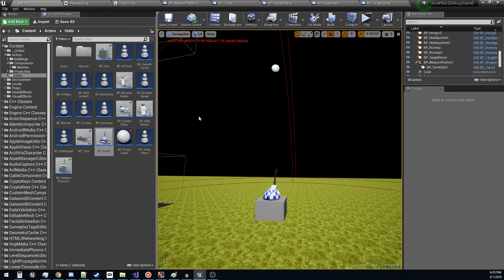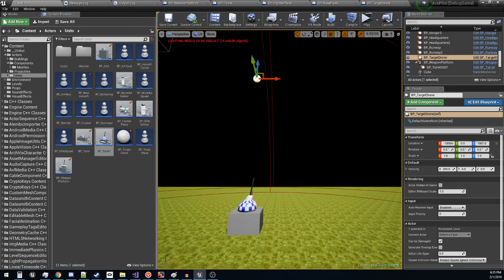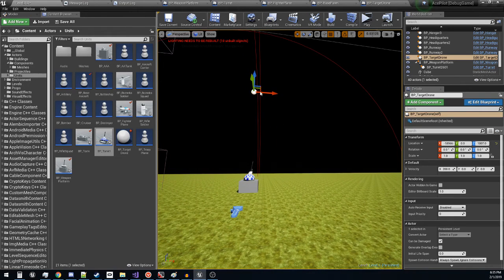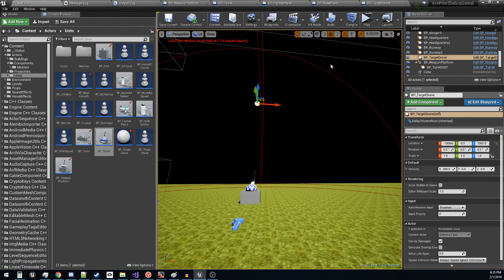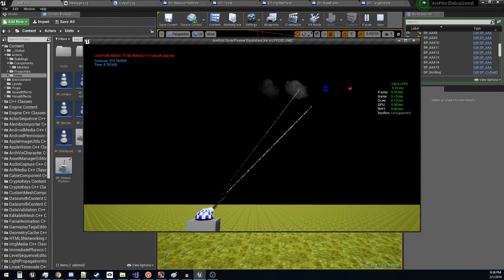So here is what it would look like. I've got this target drone right up here that is just moving back and forth, and our turret will be tracking it, and it will be taking the velocity of a target and doing the lead position to try to shoot and set its fuse timings to burst right where the target is. So here's what it looks like.